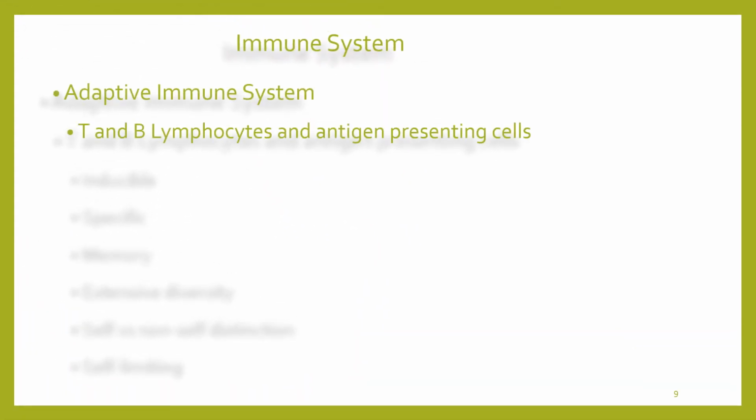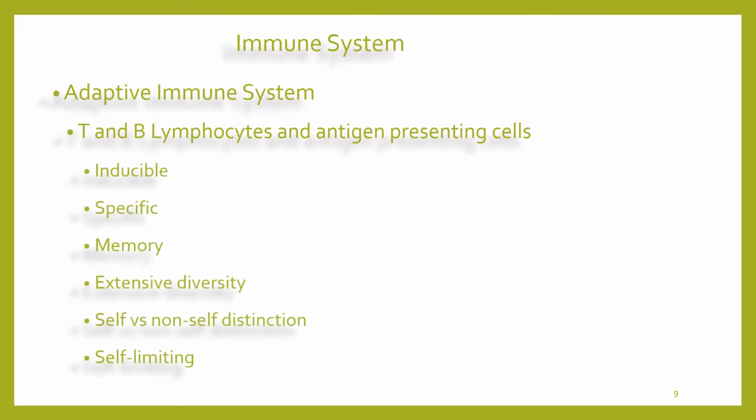The next is your adaptive immune system, another arm. The main layers of your adaptive immune system are your T and B lymphocytes, and of course the presence of an antigen presenting cell. Compared to your innate immune system, your adaptive immune system is inducible. You have to stimulate it.